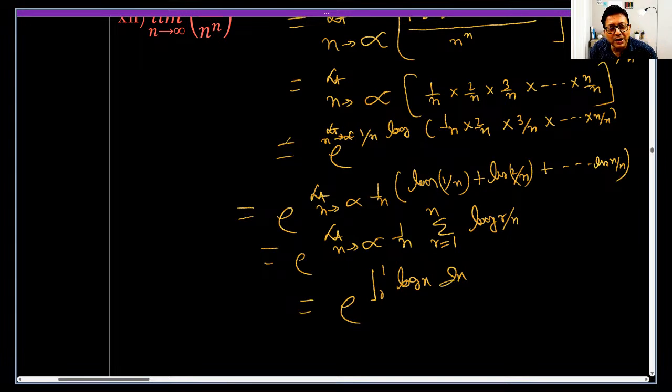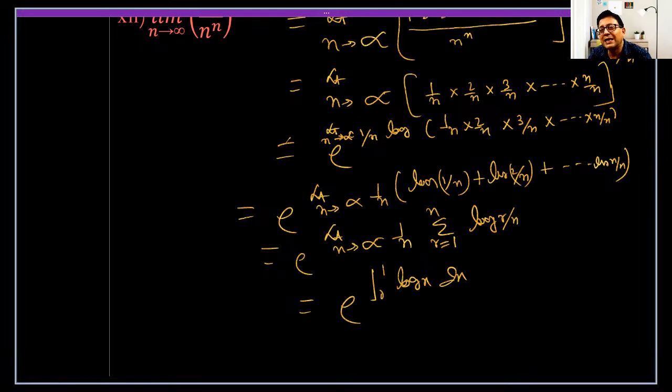Now evaluate 0 to 1 log x dx and then find the value. Although there will be a problem, you must write in the comment box or WhatsApp me what problem you are facing to solve this integral. I am coming with a session on it, which is known as improper integral. I just put forward this question. Can you solve it? Try. I will be discussing with you next session.